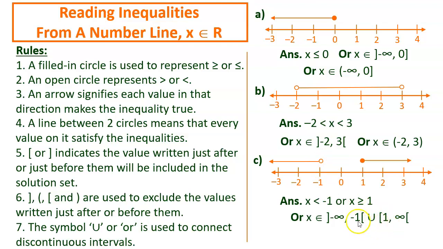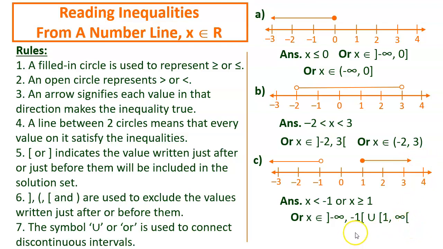And this union, which implies this or, connects the two discontinuous intervals. This one is included because of the filled-in circle, and the arrow is moving towards the right, so it is approaching positive infinity, but the positive infinity has to get excluded.